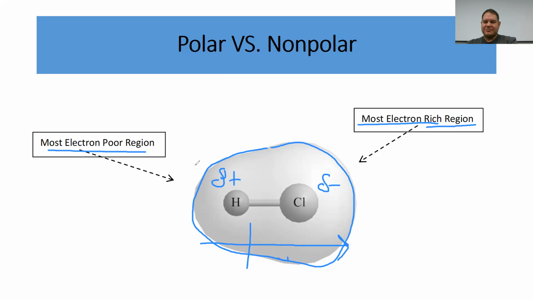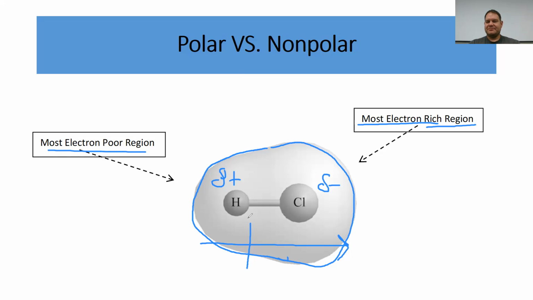So what we would say is that hydrogen is more electron-poor and chlorine is more electron-rich. This idea of electron-poor and electron-rich is going to be important later on as we get more into bonding, the characteristics of bonding, the molecule and its properties, and so forth.